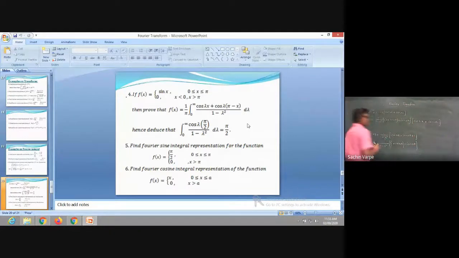Right. Now what are we doing? We'll multiply these two complex numbers. This is a complex number in the form of a plus ib, and this is also a complex number in the form of a plus ib. And we know the multiplication of two complex numbers. So 1 upon 1 minus lambda square into this into cos of lambda x. So I'm writing 1 into cos lambda x. I'm directly writing actually plus cos of lambda pi into cos lambda x.